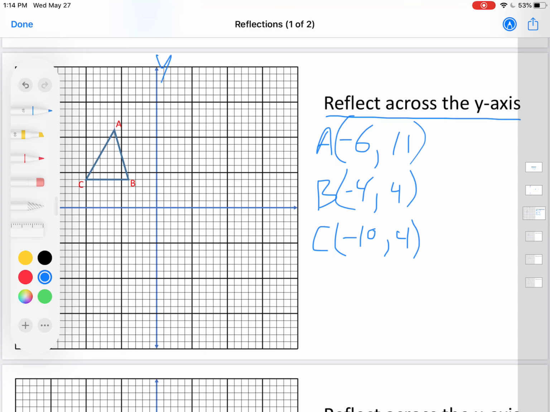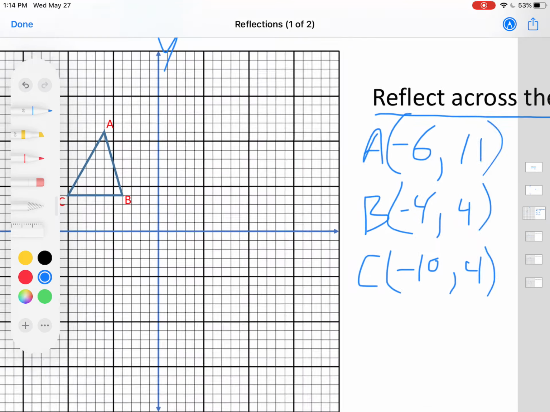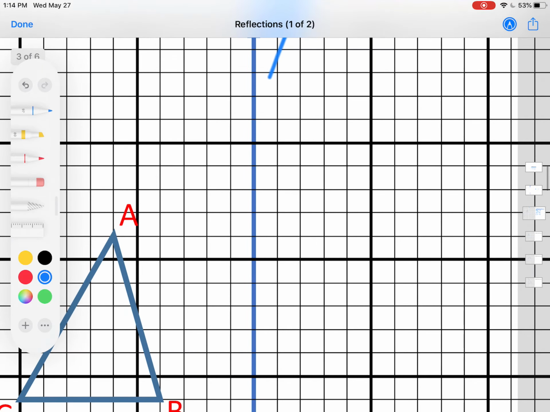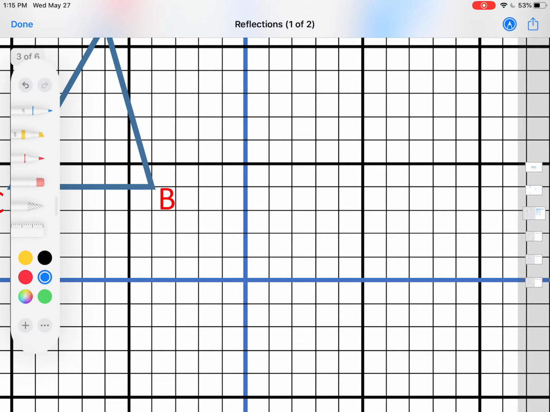Remember, this is the y-axis, the one going up and down. Let's take it one point at a time. Let's start with point A. Remember, it will be across from it at the same distance. Since this is 6, it will be 6 on this side, and point A prime will be right there. Let's look at point B. Point B is only 4 away.